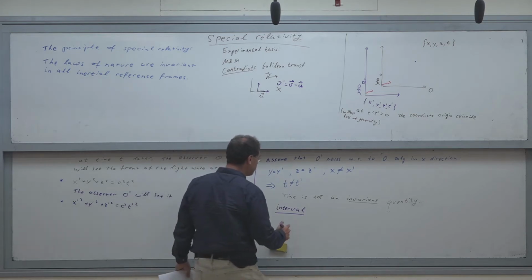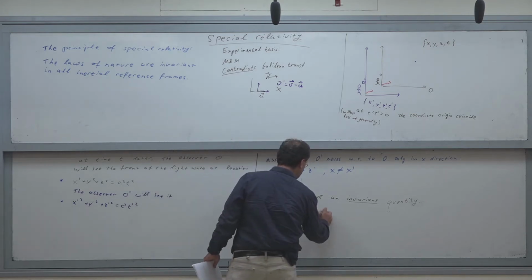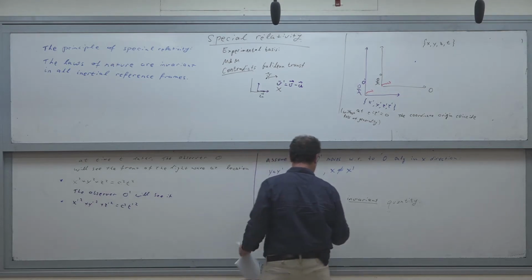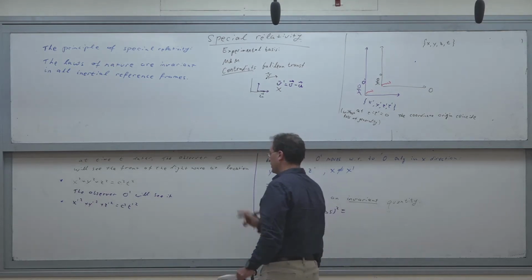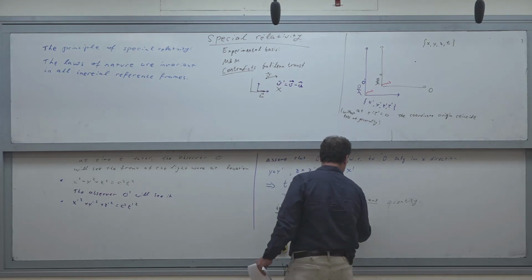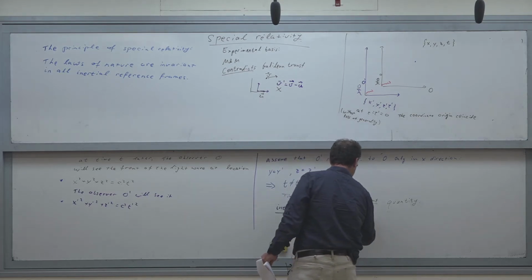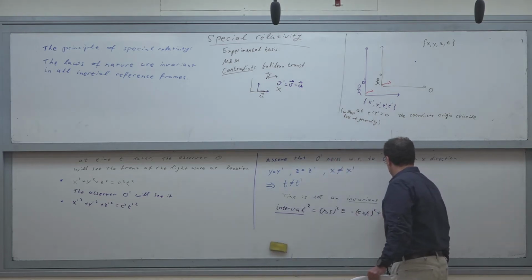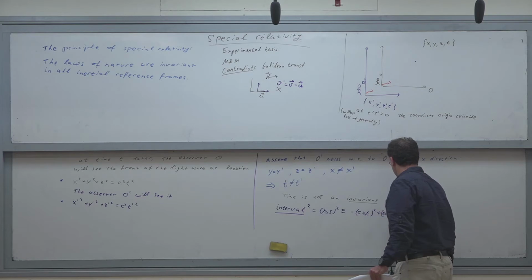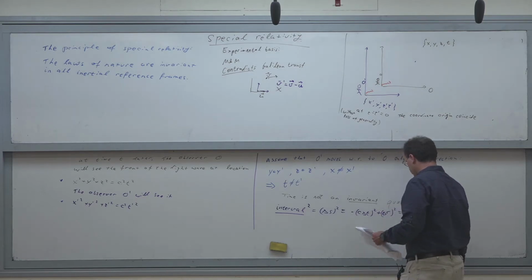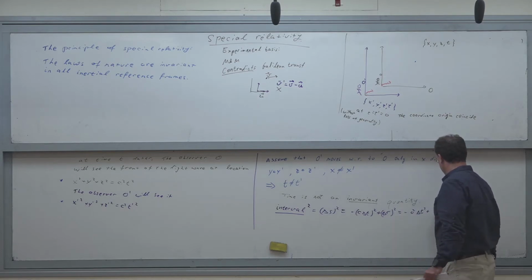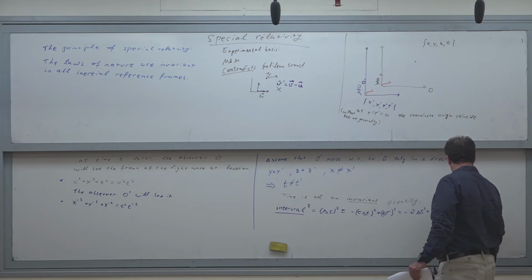And the definition is the interval squared, denoted by delta s squared. I define it to be exactly what's written here: minus c squared delta t squared plus delta r squared, which is just minus c squared delta t squared plus delta x squared plus delta y squared plus delta z squared.